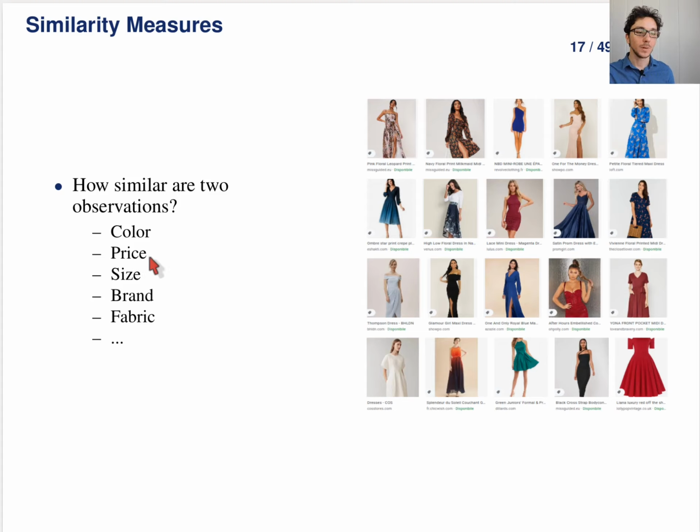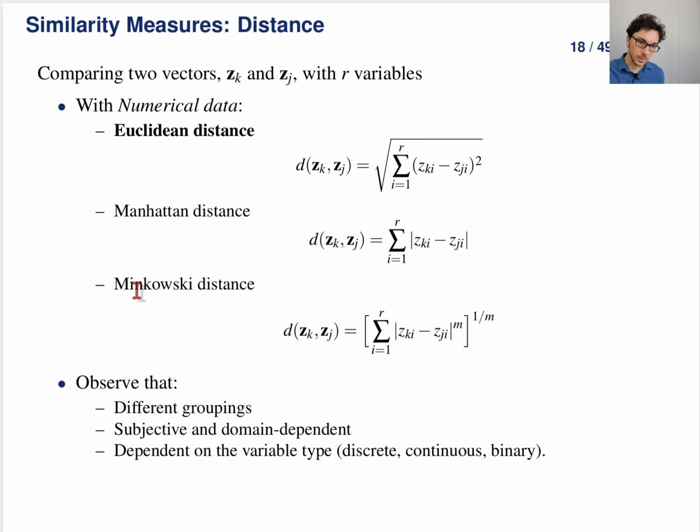You may have numerical features like price, size of your articles, or qualitative, categorical features, like the brand, the fabric, the color. So choosing the right measure is not easy. You have different types, for instance Euclidean distance or Manhattan distance or Minkowski distance, which is a generalization of the previous two, and many others.